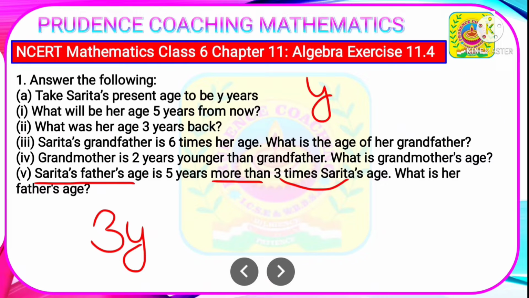Okay, so we have calculated 3 times Sarita's age. With that we need to add plus 5, because it is said 5 years more than this particular age. So here her father's age will be 3y plus 5 years.